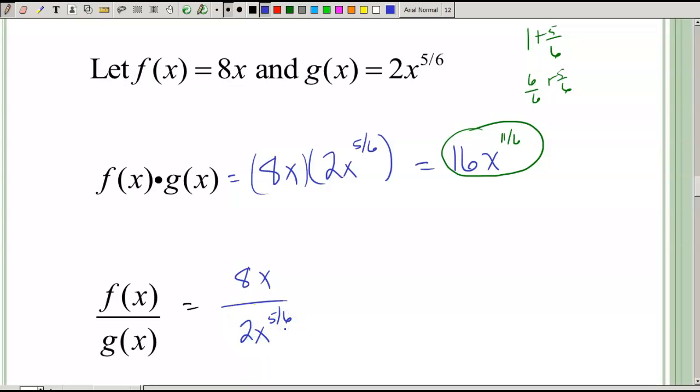Again, we look at this expression in front of us, and we rely on our exponent properties to simplify. I have 8 divided by 2, and I know that's 4. And then I have x to the 1 divided by x to the 5/6, so now I'm going to subtract my exponents, and 1 minus 5/6 is 1/6. So this would be x to the 1/6 here.